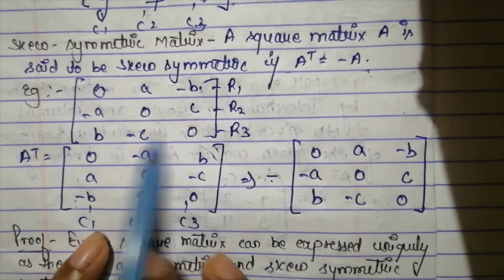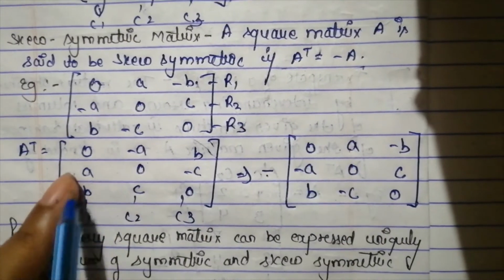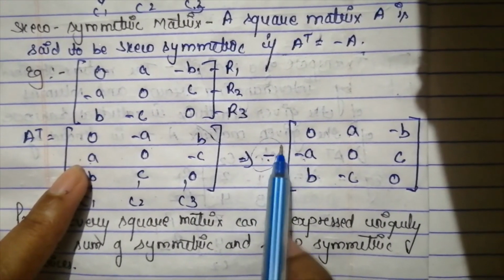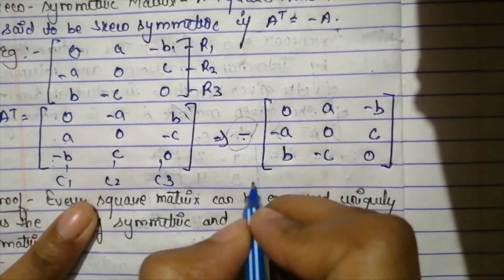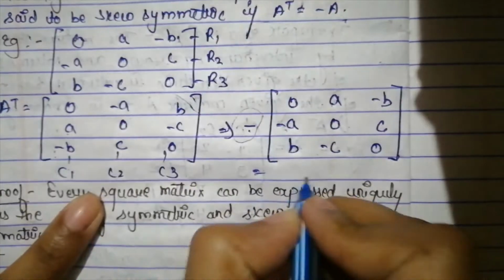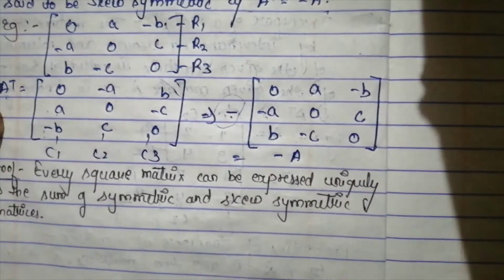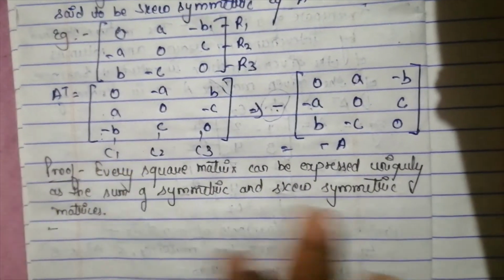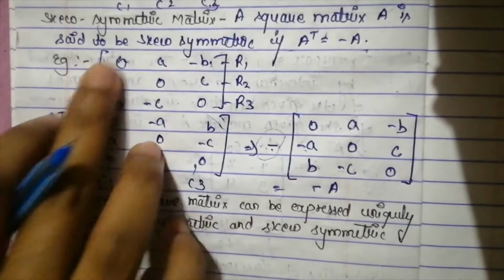Here the negative sign will become positive and the positive sign will become negative; when we take the minus sign common, this will equal the original matrix. So A transpose is equal to the minus of the original matrix. So it is known as a skew symmetric matrix.